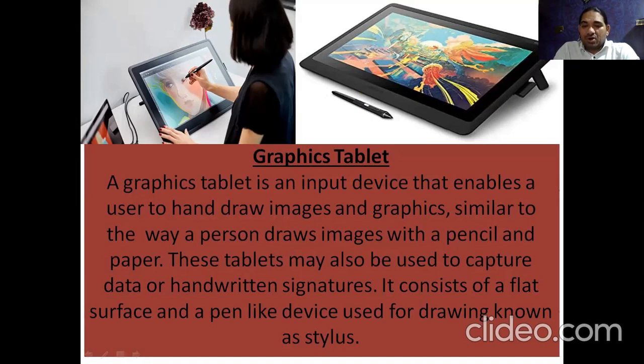It consists of a flat surface and a pen-like device used for drawing, known as a stylus. So just like your drawing paper, and just like a pen, the stylus is being used. You can draw different things on the graphic tablet.